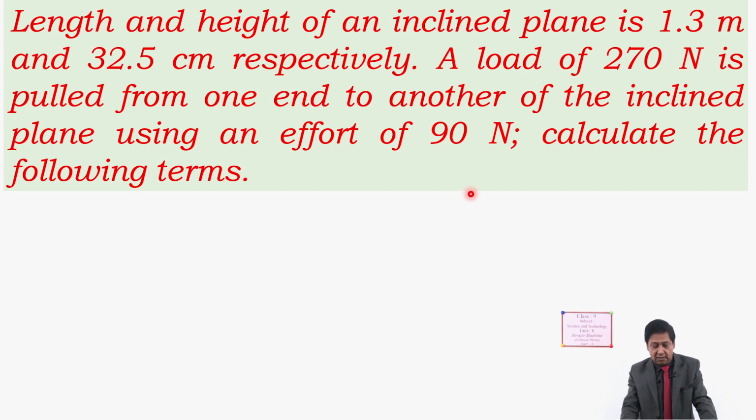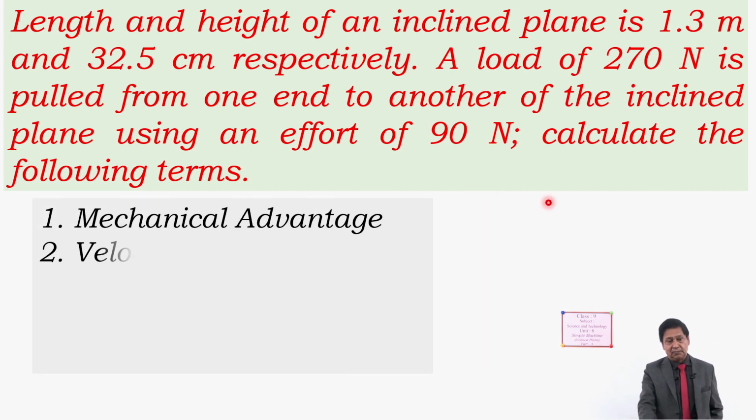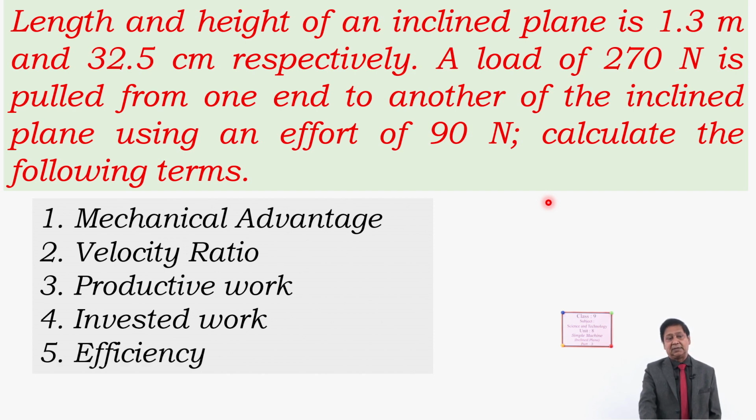Calculate the following terms: mechanical advantage, velocity ratio, productive work, which means work output, and invested work, which means work input, and number 5, efficiency. The 5 questions are asked. Now I want to solve this numerical problem.